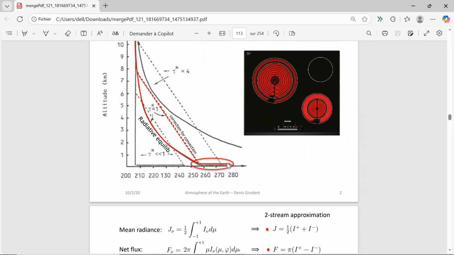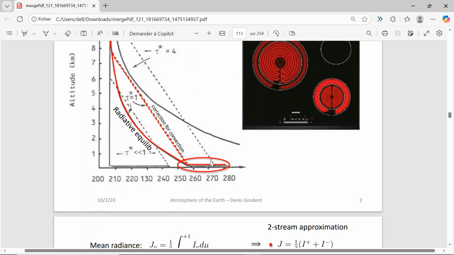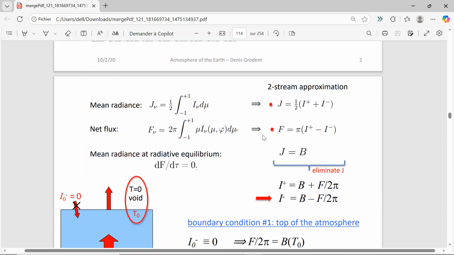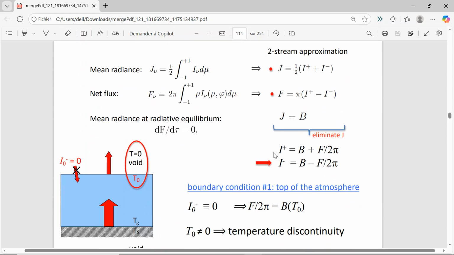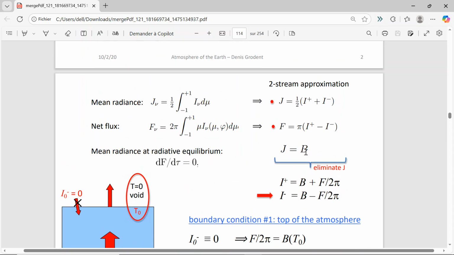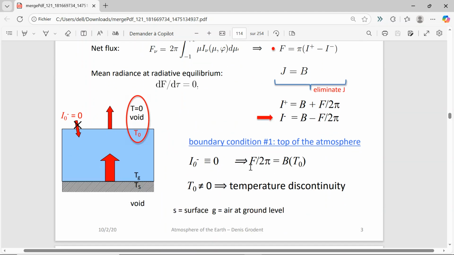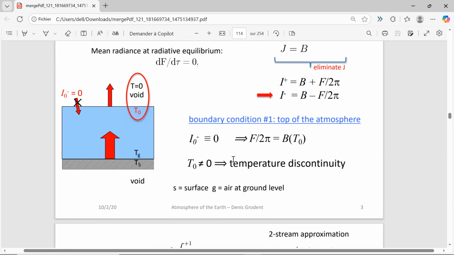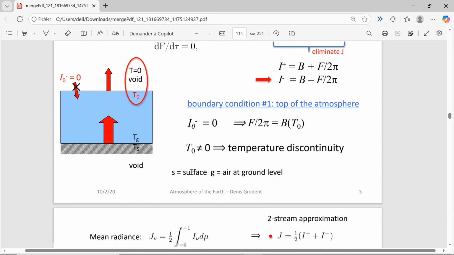So the ground temperature is very different from the air temperature just above it. It can be explained through the two-stream approximation and the radiative equilibrium. Here we assumed that the temperature at the top of the atmosphere was equal to zero. However, when doing this small development, it leads us to a temperature at the top of the atmosphere, the skin temperature, which is different from zero.